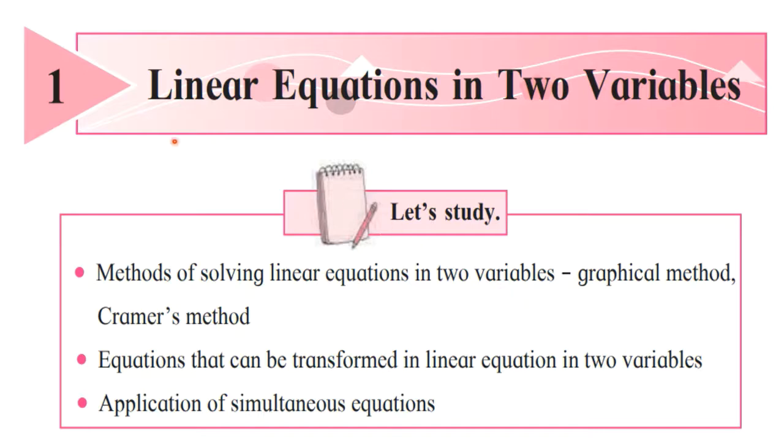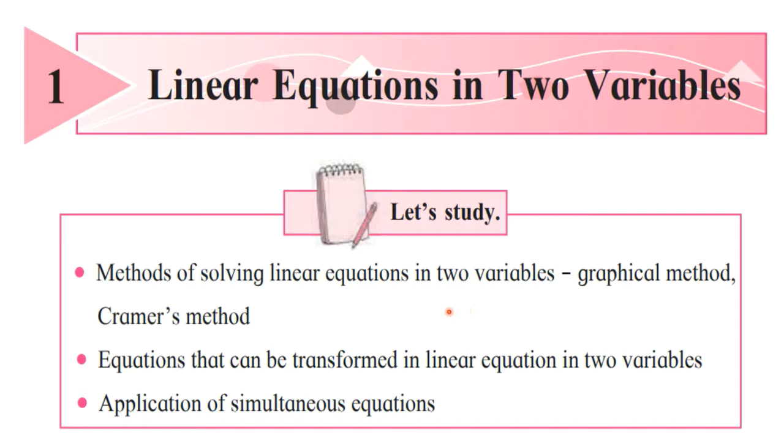Now this lesson with the same name was there in 9th standard, and there we studied three methods to solve linear equations in two variables. The first method is elimination method, the second is substitution method, and the third is to solve a particular type of equations.